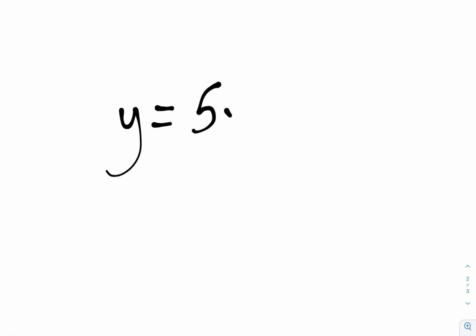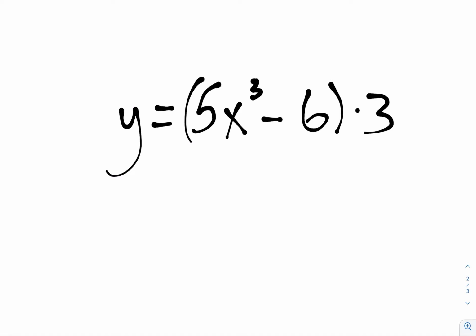But another example might be y equals 5x cubed minus 6, and then all of that is times 3. 5x cubed is a polynomial right there, and the minus between the 5x cubed and the 6 is good for polynomials because we just can't divide them. And this times 3 here is also good because we're not dividing anything.